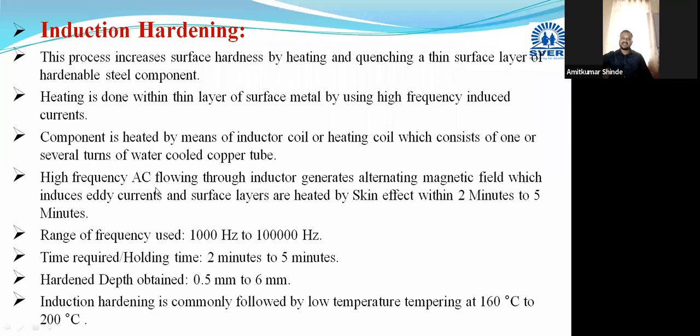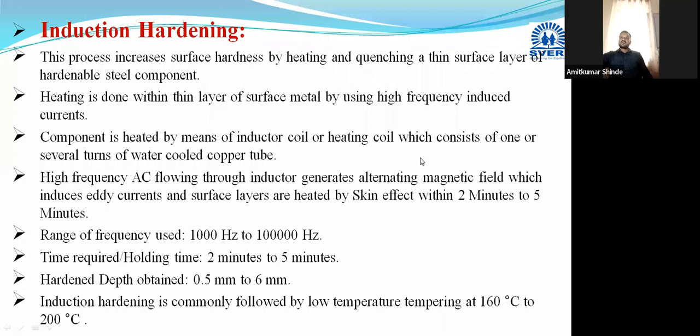The frequency of alternating current used is 1000 hertz to 1 lakh hertz. The holding time required is 2 to 5 minutes, and after quenching, the case depth obtained is 0.5 to 6 millimeter. Here also, in the same way as in flame hardening, we do tempering.